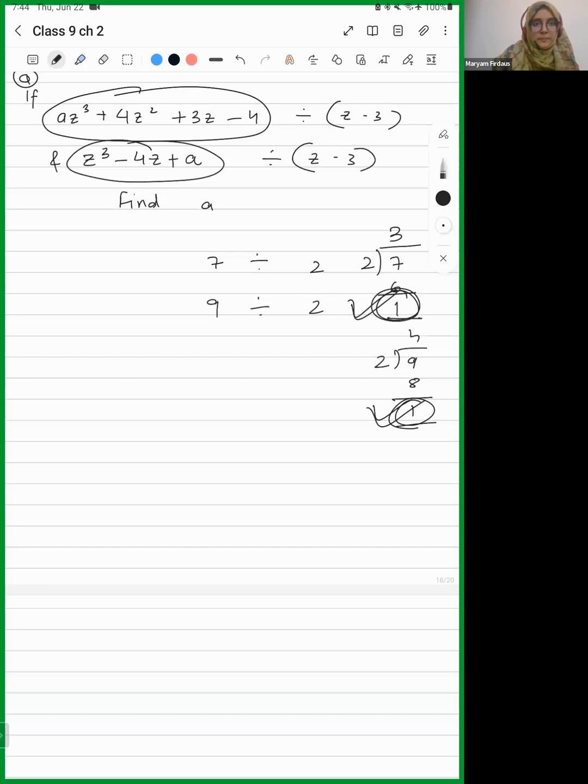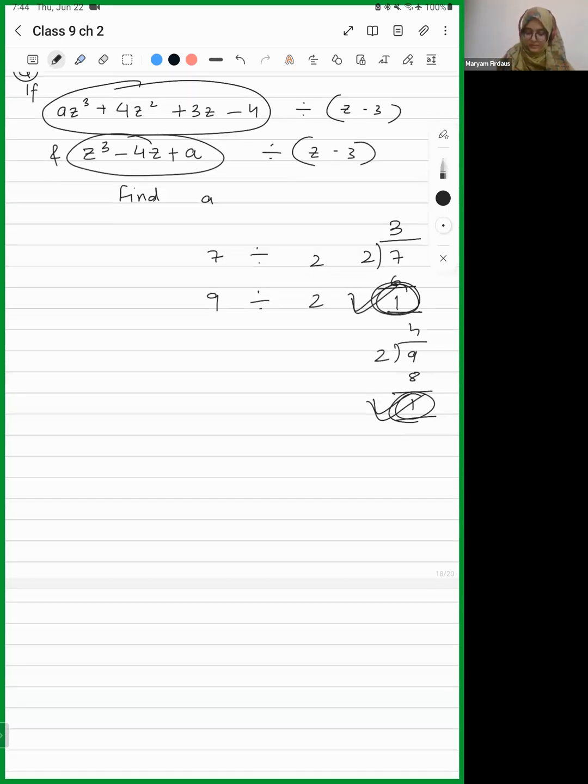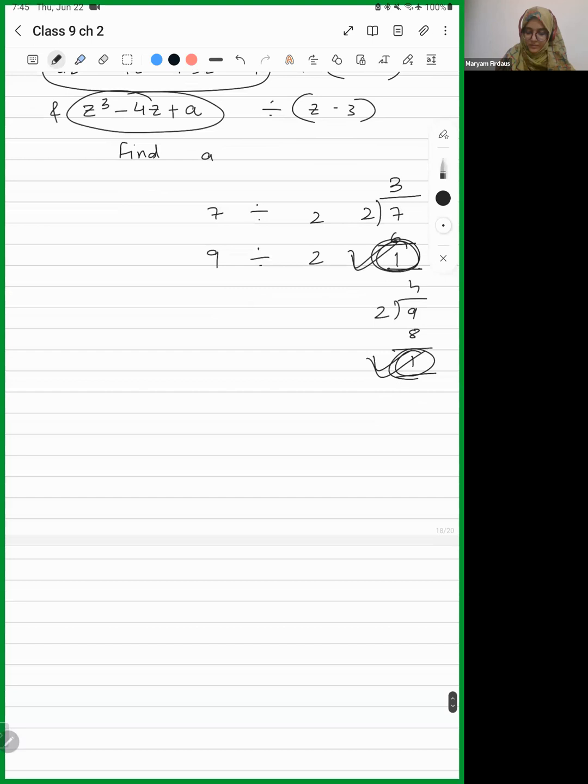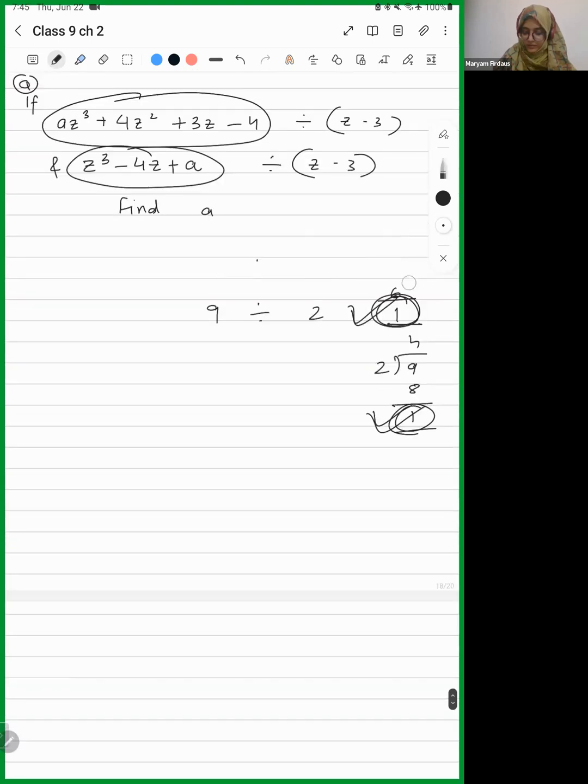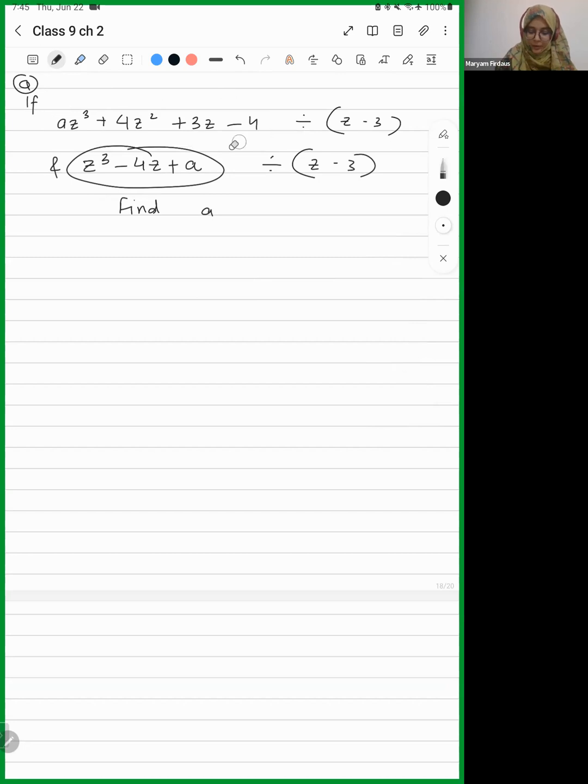Riaz, are you following? Yes, ma'am. Okay. So let's first divide the first polynomial, this one. So this is az cube. Now see, a is not a variable. Pay very close attention. A isn't a variable, it's a constant. It has a value. It could be 1, -1, 2, -5, 3, anything. We don't know what its value is. We have to find this constant.